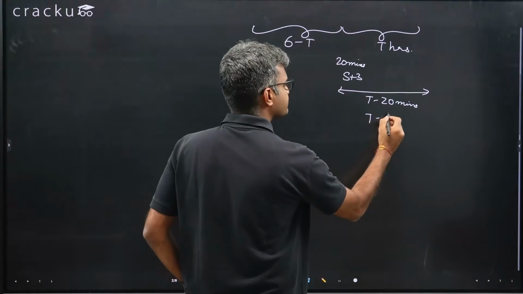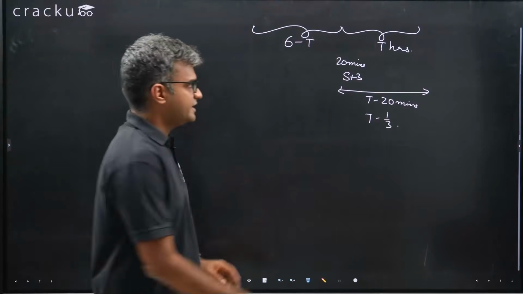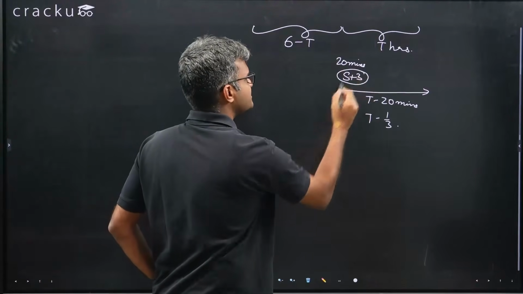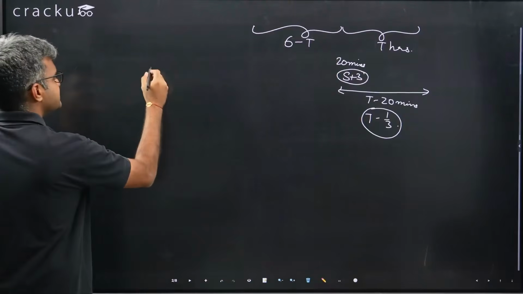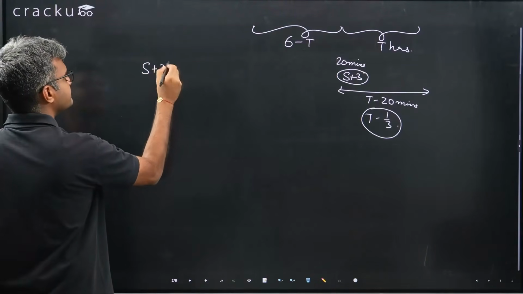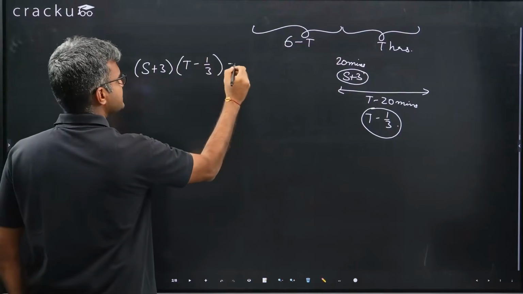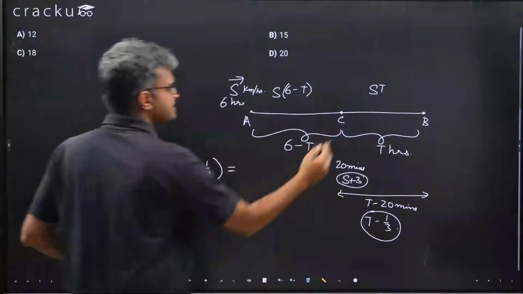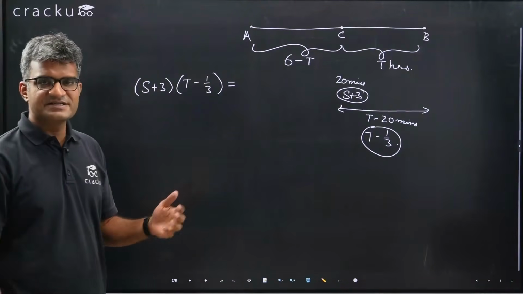So what is the distance between C and B? He has traveled at S plus 3 kilometers per hour for T minus 1 by 3 hours. So the distance is S plus 3 into T minus 1 by 3. This is equal to S into T, which is the original distance if he had gone at the speed S without any stoppage.